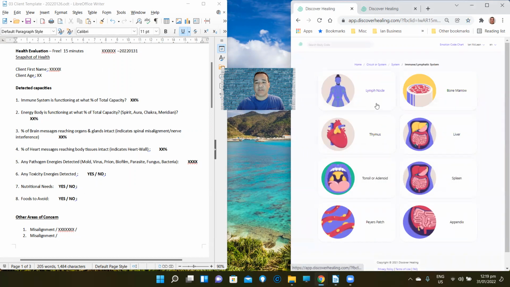In the app, they have these different areas. I'll be muscle testing the immune system function at what percent of total capacity. 100% means it's working ideally. If it's lower, something's interfering with it and it's not functioning properly.